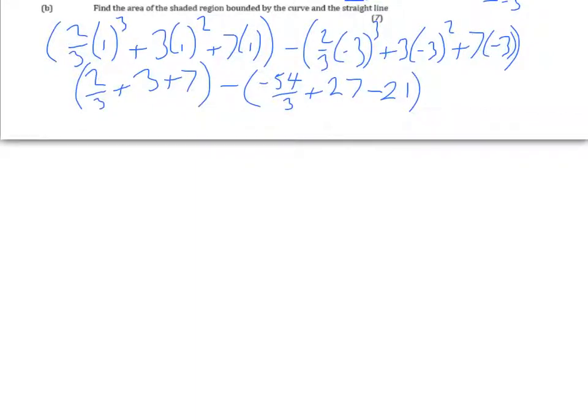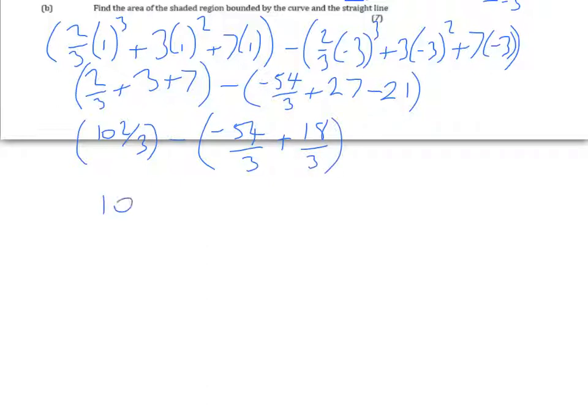So the first bracket, we've got 10 and 2/3. Let's just leave it like this. So we've got 10 and 2/3 minus, and let's carry on and see what we've got from this bracket. 27 minus 21 is 6. Let's turn that into thirds. So that's 18 over 3. Minus 54 over 3 plus 18 over 3.